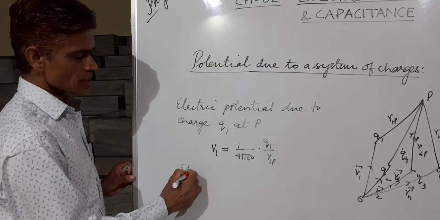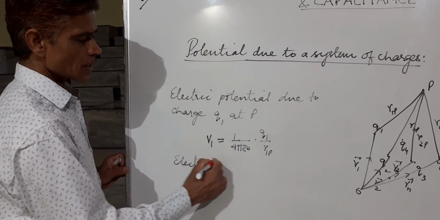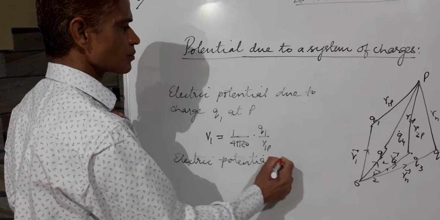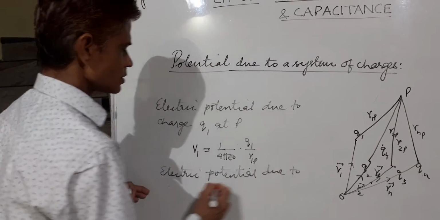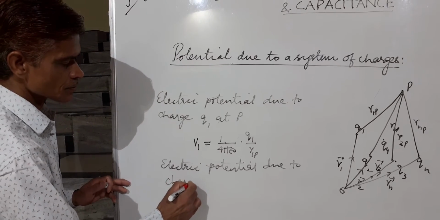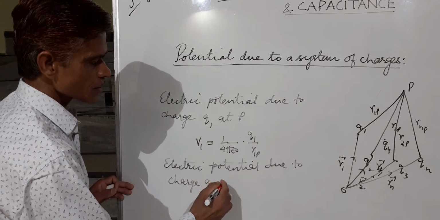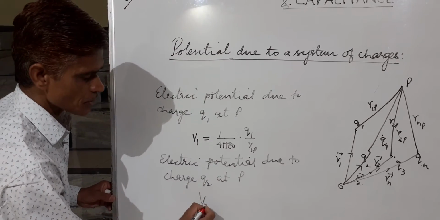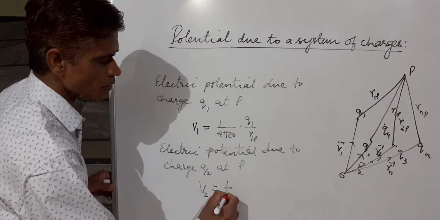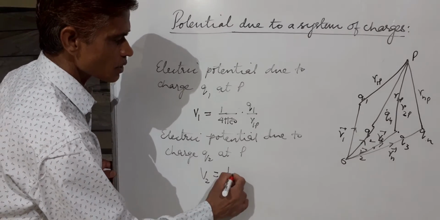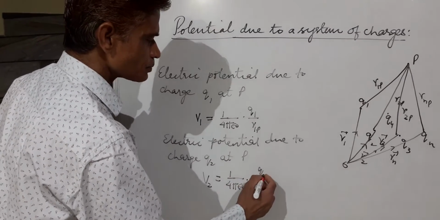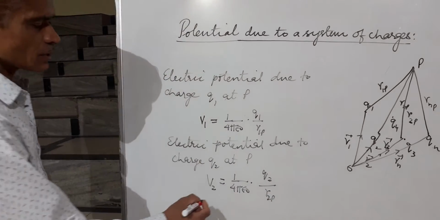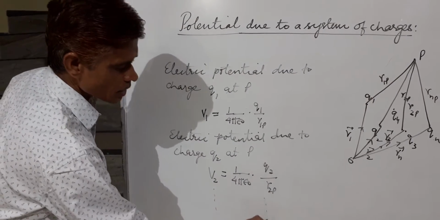Similarly, the electric potential due to charge Q2 at the same point P, let us represent it by V2. So it is 1 by 4 pi epsilon naught Q2 upon R2P, and so on for the third charge.